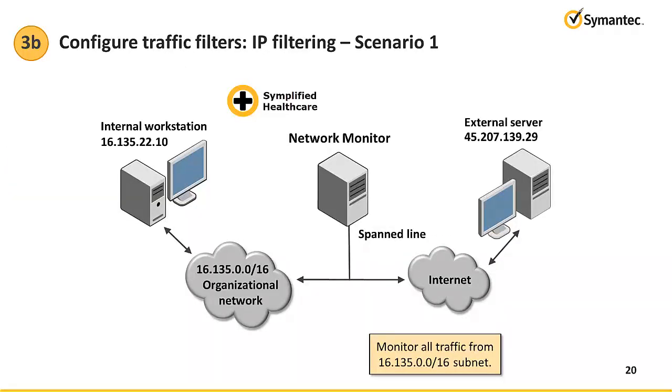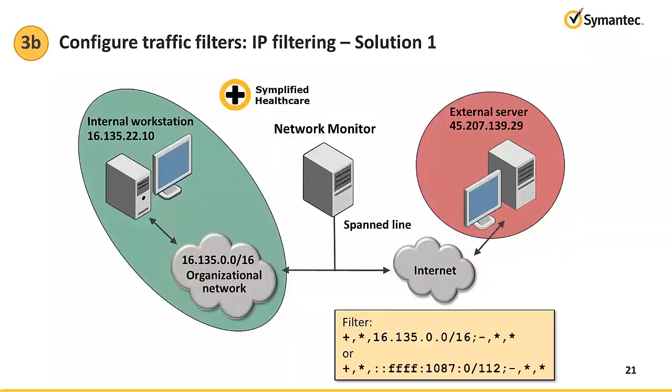To illustrate how IP filters can be used, consider the following scenario. Simplified Healthcare Hospital wants to include all the traffic from their 16.135.0.0/16 organizational subnet and exclude all other traffic. Based on the formatting rules for filters discussed earlier, how would this filter be created?